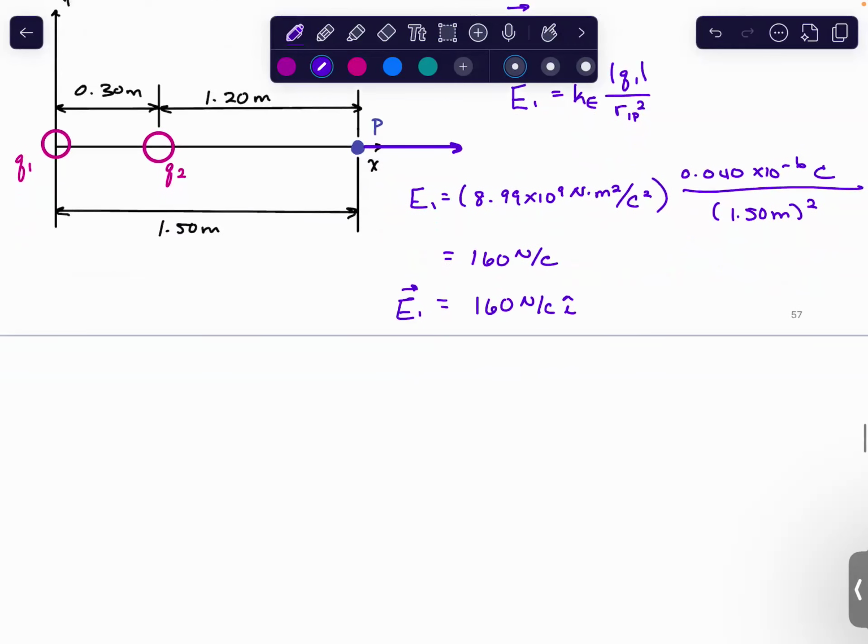Okay, what about electric field 2? E2 is, of course, going to be, so again, Q2 over the distance from 2 to P squared.